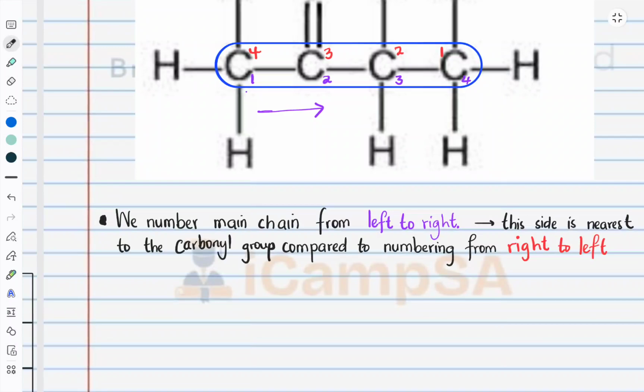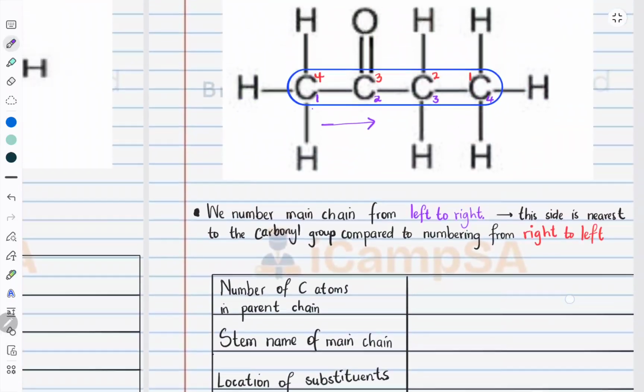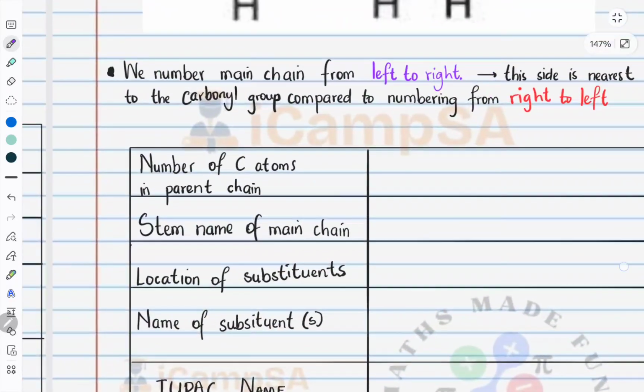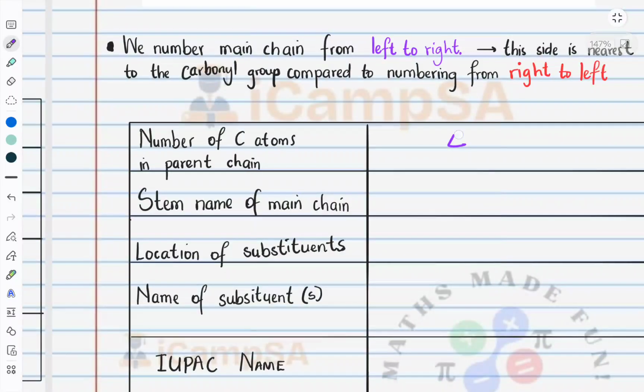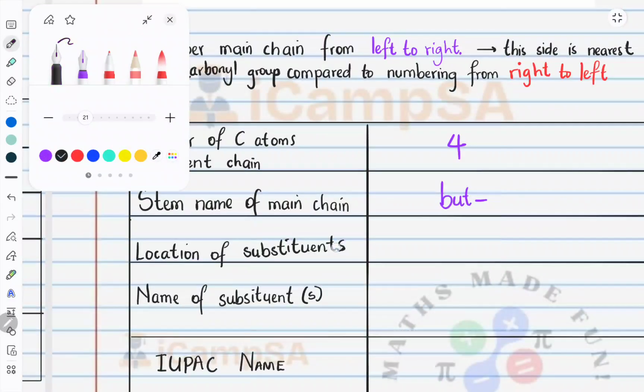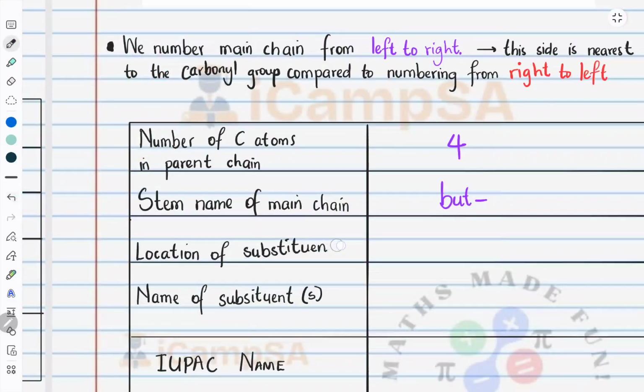Okay, so with that being said, let's start naming our ketone. All right, so we counted 4 carbon atoms in our main chain. So we have 4. The stem name of the main chain is but, because 4 is but. And then the location, in fact, let's say location of carbonyl group.